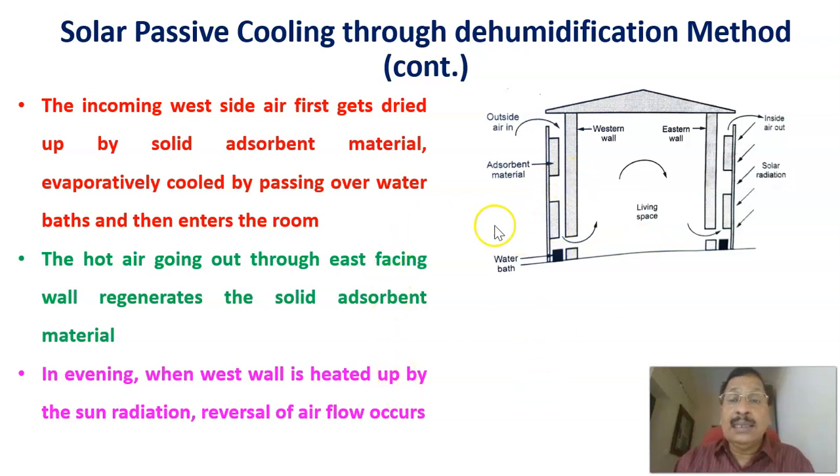Air goes outside on this side, cool air comes in on the other side, and then hot air goes out again. This is the process by which the temperature of the space is reduced, and the cooling is done by a natural method. That is why it is called a passive method of cooling, and this process we call the dehumidification method.